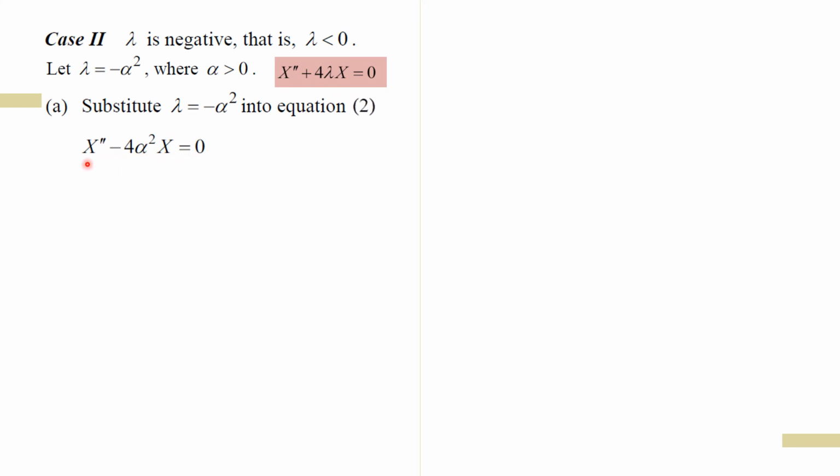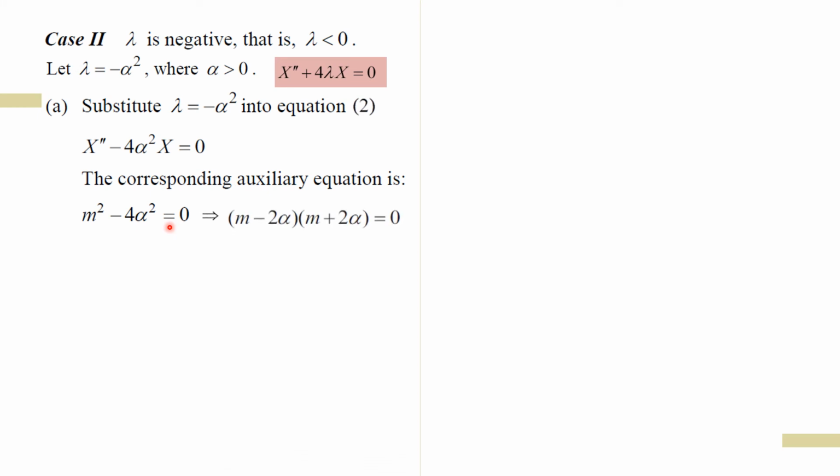Now this is a second order ordinary linear differential equation, and we can solve it by forming the corresponding auxiliary equation m squared minus 4 alpha squared equals 0. The left side can be easily factorized as m minus 2 alpha times m plus 2 alpha equals 0, and we get the two roots m1 equals 2 alpha and m2 equals negative 2 alpha.